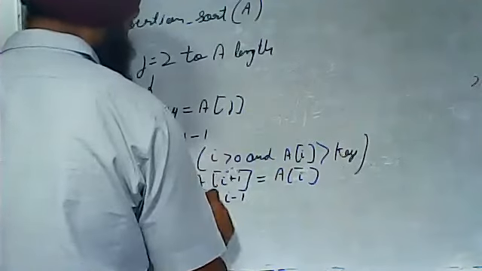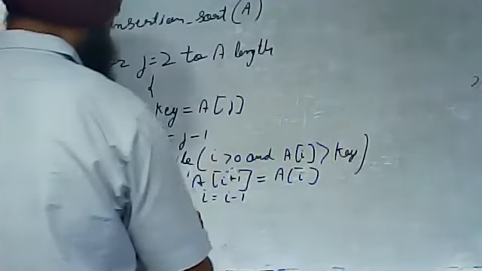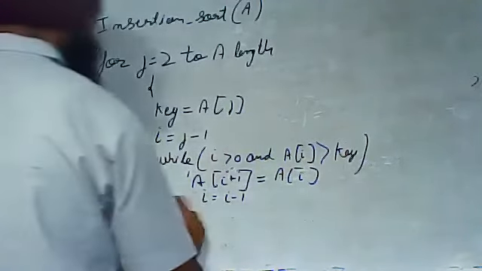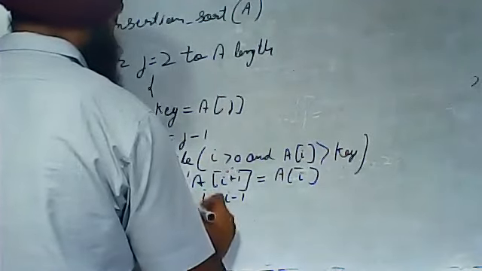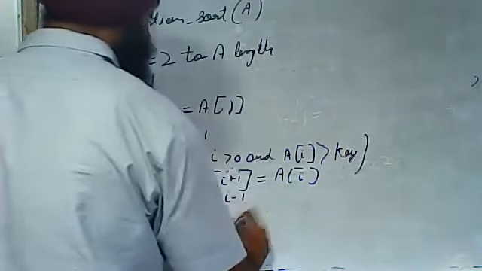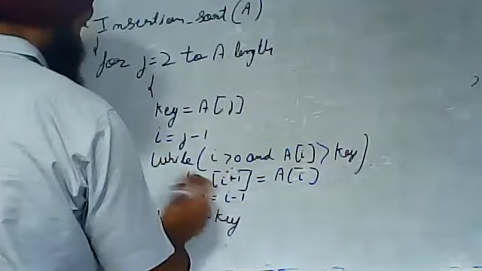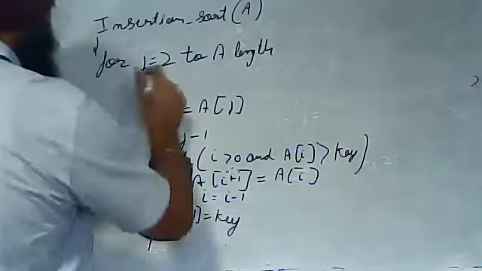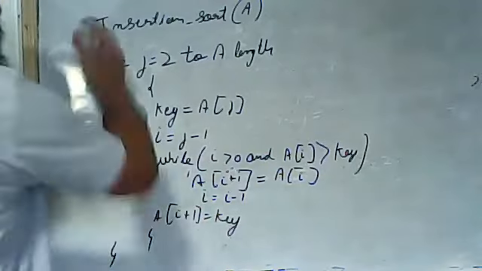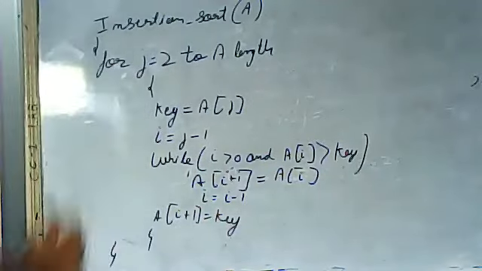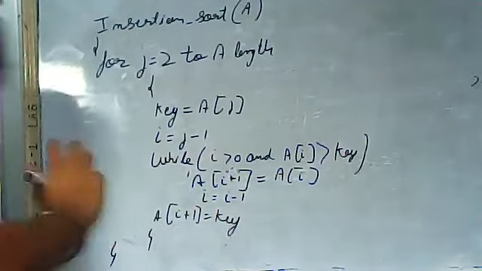Once we come out of this loop, we will write A of i plus 1 equals key element, and here we end the for loop, and this is the end of the algorithm. So this is a very simple algorithm. I hope you can see it.